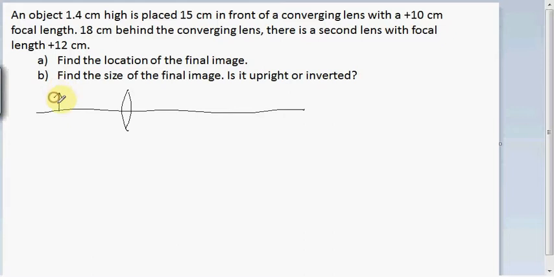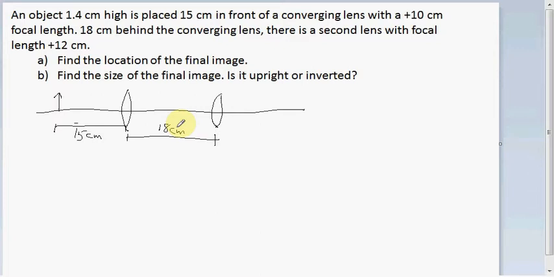So there's my object, and this is 15 centimeters. My second lens is 18 centimeters behind that, so that's going to be around here somewhere, where this is 18 centimeters. All right. So that's the geometry of my system.